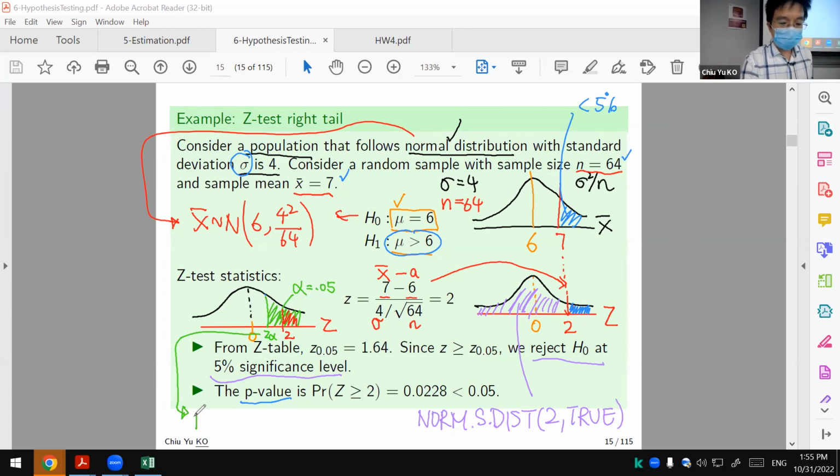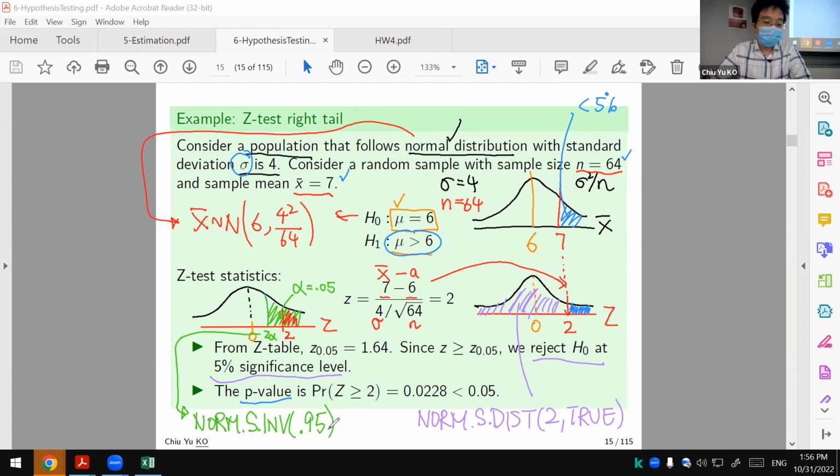So what you have is just NORM.S.INV of 0.95. Then this gives you 1.64. Then 2 is larger than 1.64, so you reject.